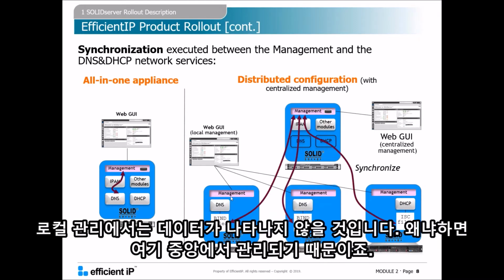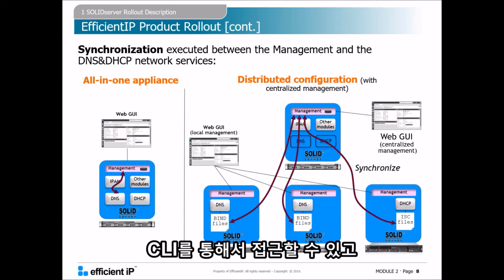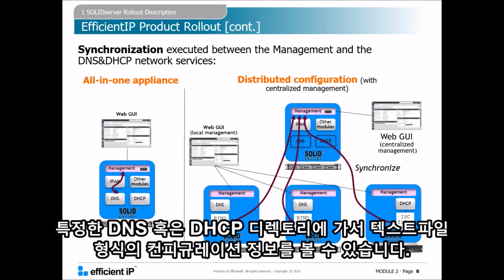The data will not appear in the local management because it is managed here on the central, right? But what you can actually do is, if you really want to see the configuration over here, you can access via CLI and then proceed to the directory specific for DNS or DHCP, and you can see the configuration over there in text file format.